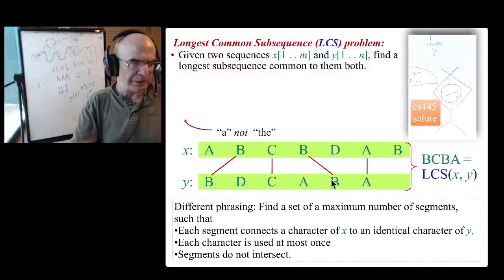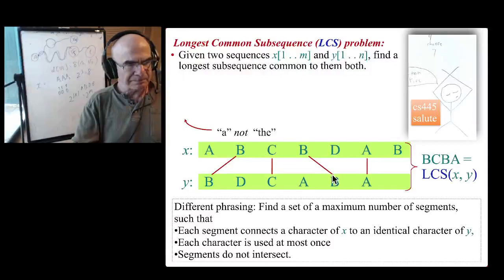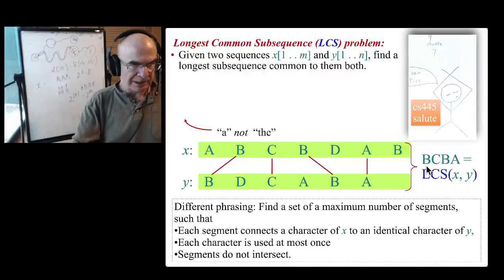Similarly, this b will match this b. Same between this C and this C, and the same between this B and this B again. By the way, a possible LCS of X and Y in this example will be indeed BCBA, right?